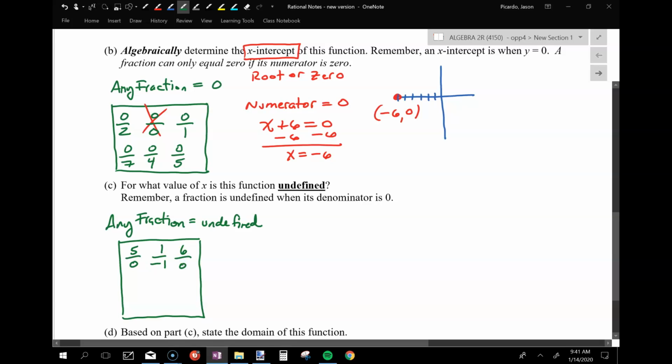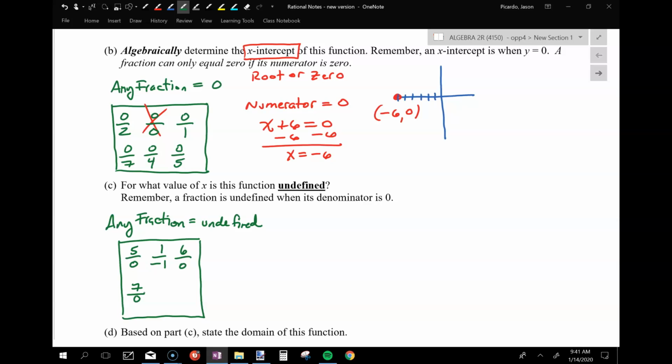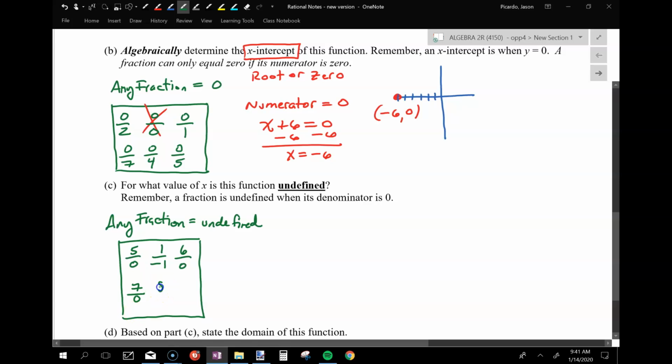Caden. Undefined fraction. Second person again. First person. That's you. No. 9 over 0.